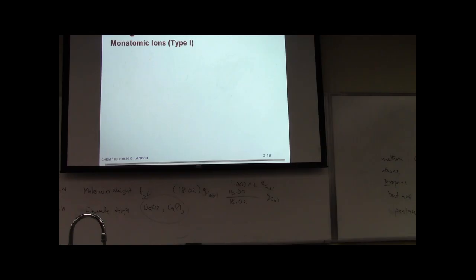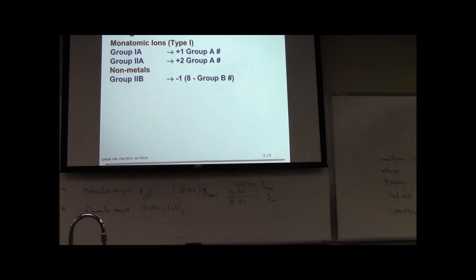Monoatomic ion, type 1: how do you get the charge? You look at the periodic table. Group 1A is 1, group 2A is 2. For non-metals, the charge is 8 minus the group number.